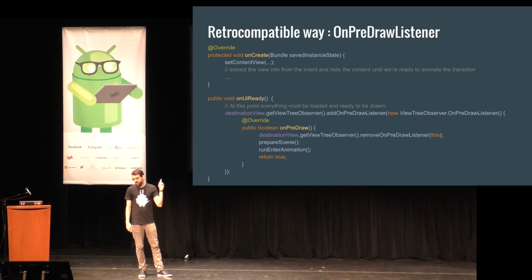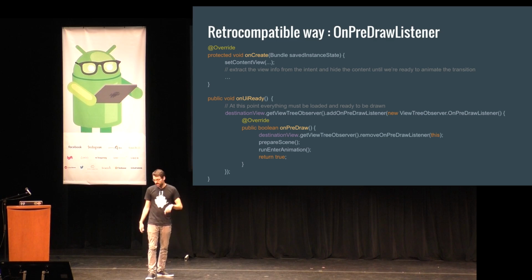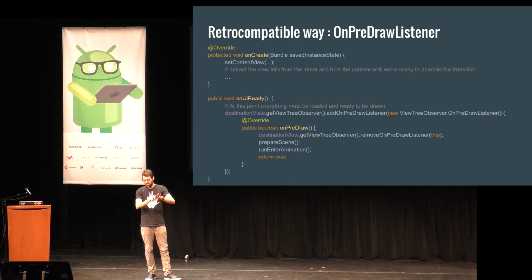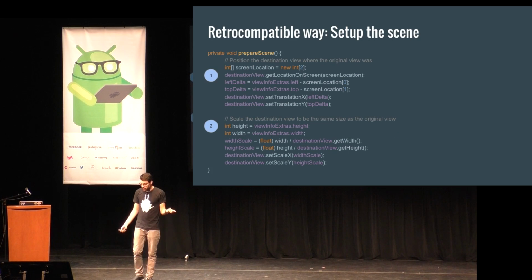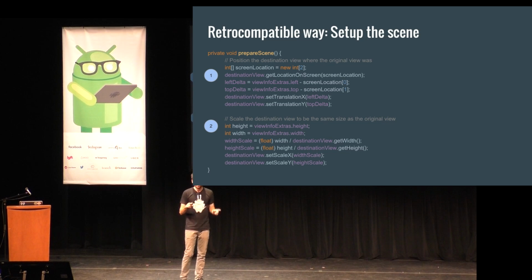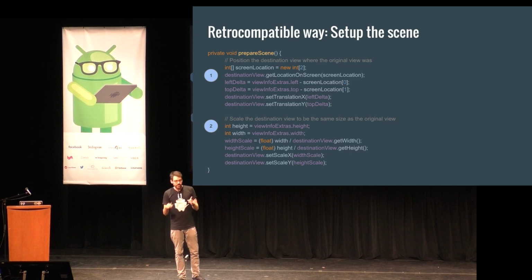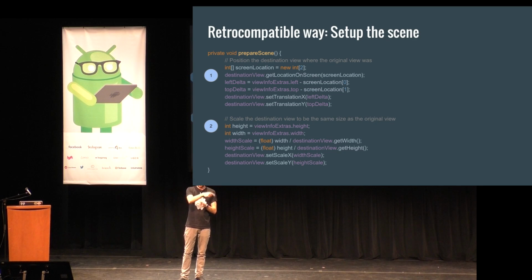So in that PreDrawListener, as we said when we broke it down, you prepare the scene and then you run the animation. Preparing the scene is really simple. I just grab the final position of the view where it's going to be at the end of the animation, do the delta with the original position, which is passed via the intent.